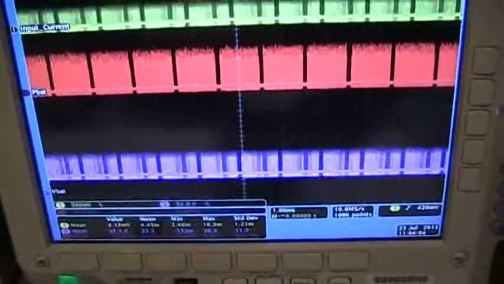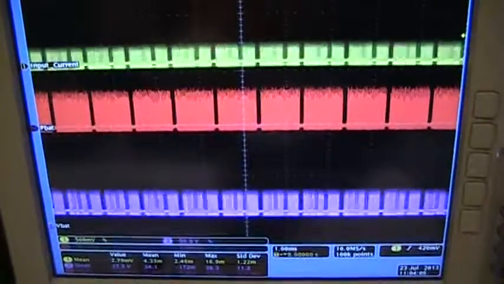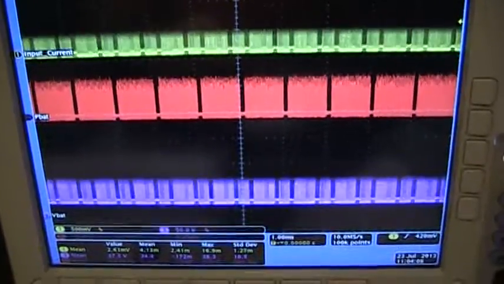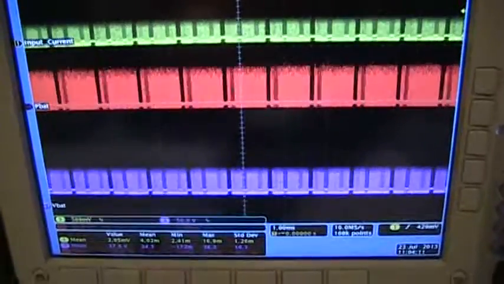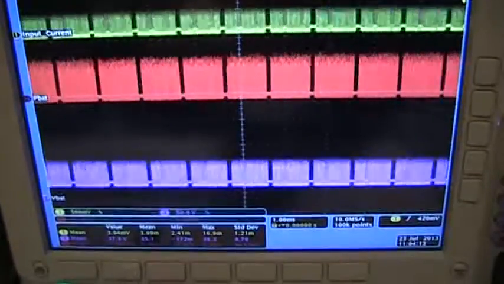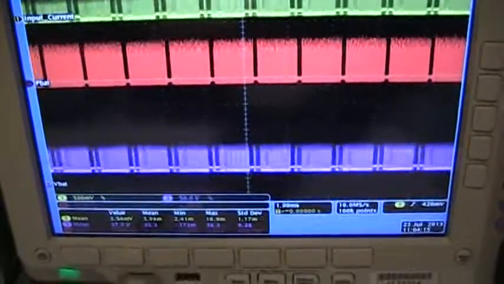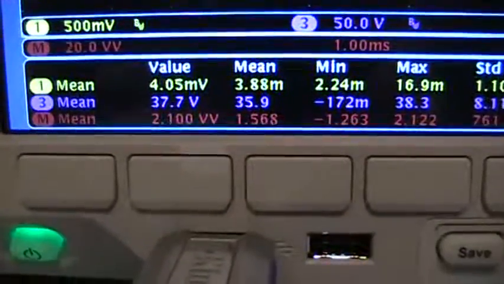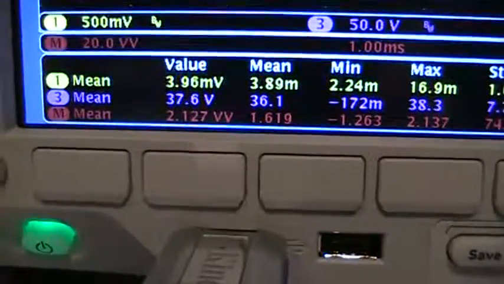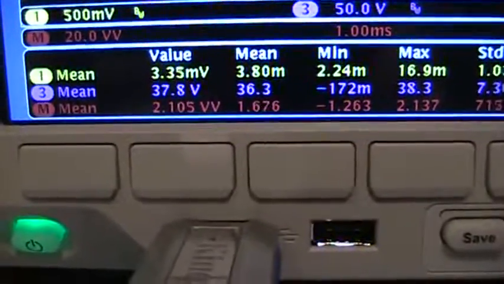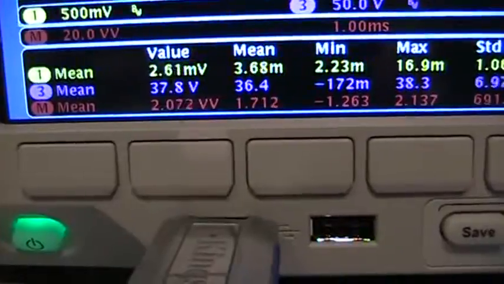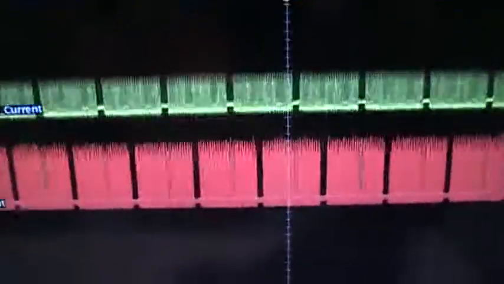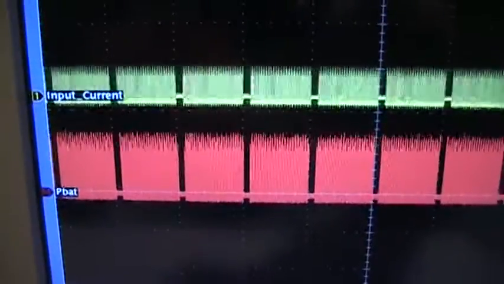It's on 500 millivolts per division, so we got just under 1 division peak to peak of oscillation there. There's pretty well 0 DC current there, and you can have a look at the mean current. Again, it's close to 0, 2 or 3 millivolts. But there's a considerable amount of AC current on there.